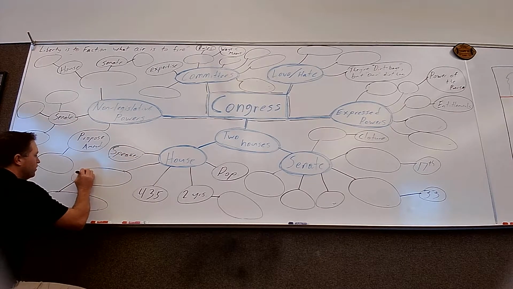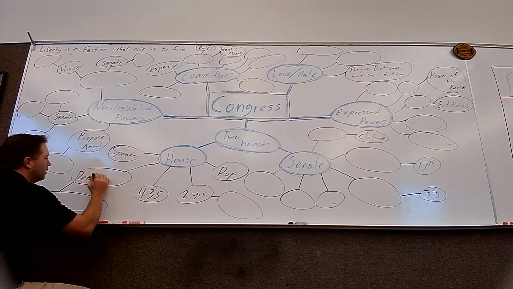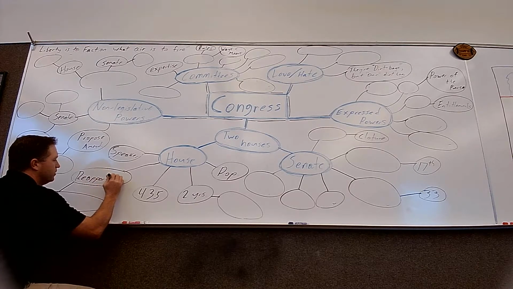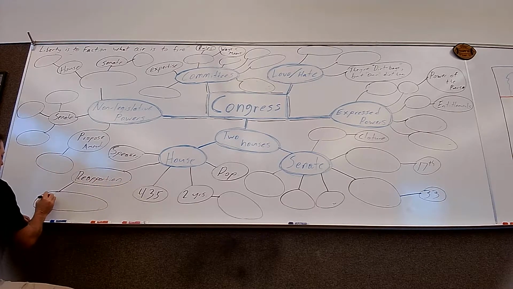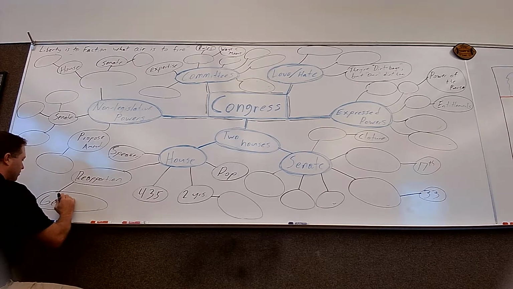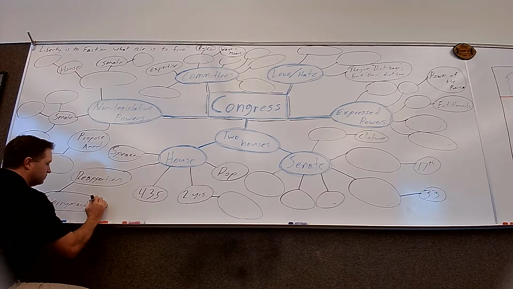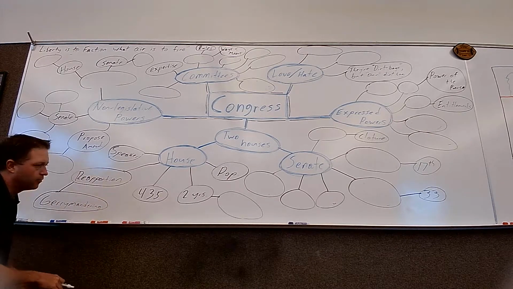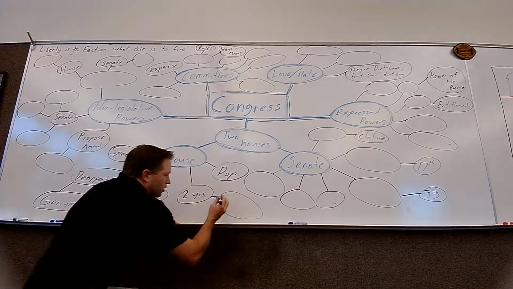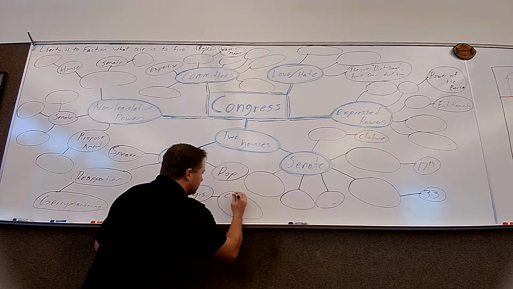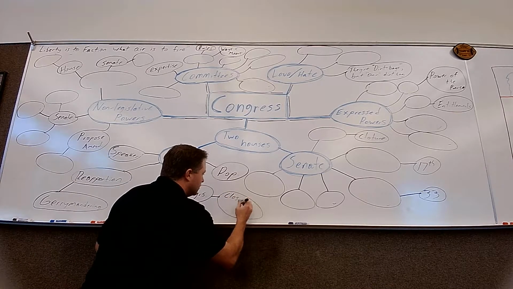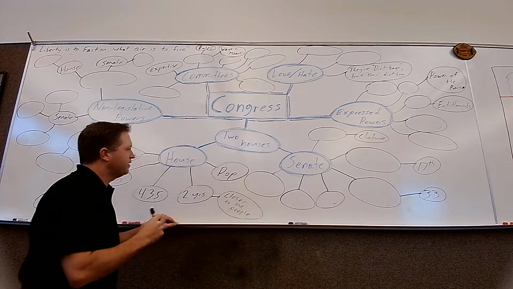Right here, I'm going to put the word reapportion. Then I'm going to put the word gerrymandering right here. Sorry about my handwriting. Right here, I'm going to put closer to the people. All right, now write that down with me.